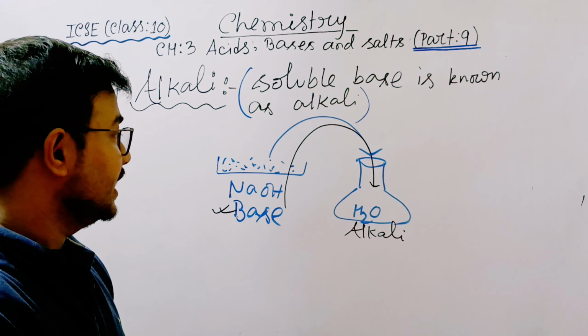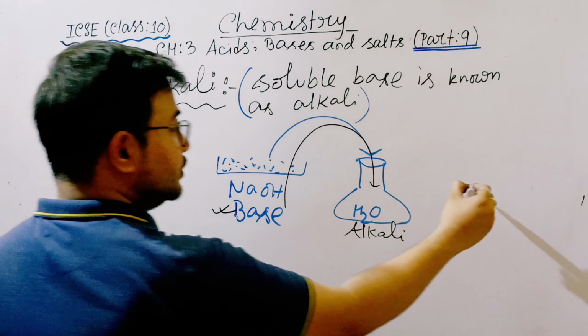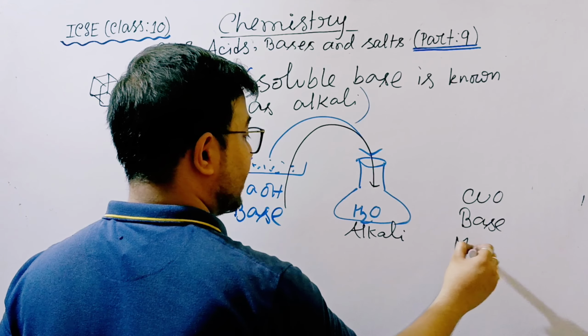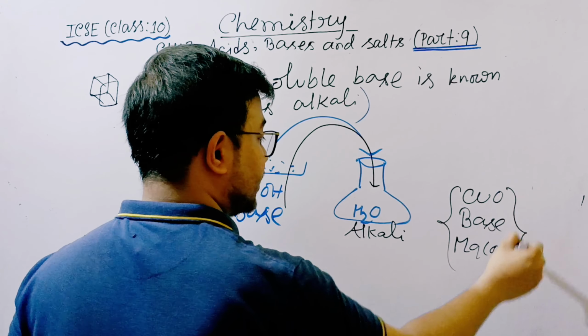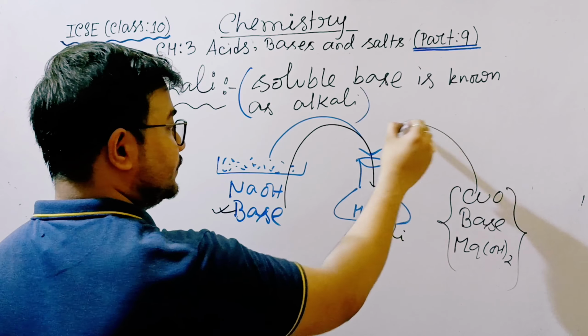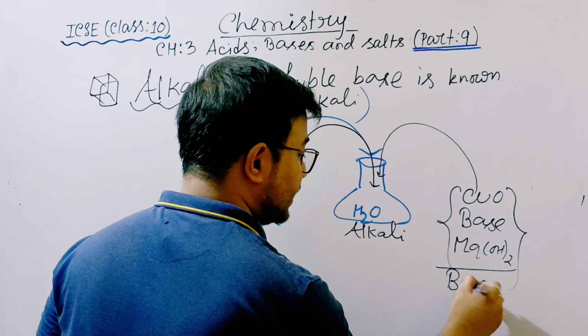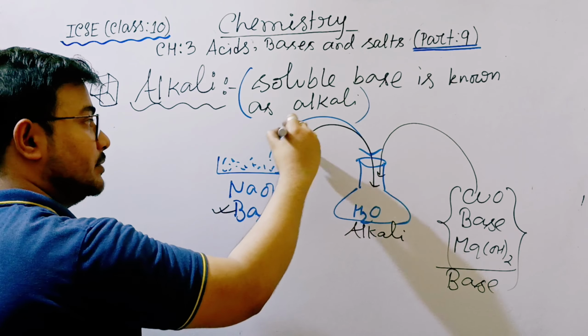Now my question: if it is not soluble, for example copper oxide, magnesium hydroxide, these two are bases, mind it, all are bases. Whenever you give this base, it is soluble.